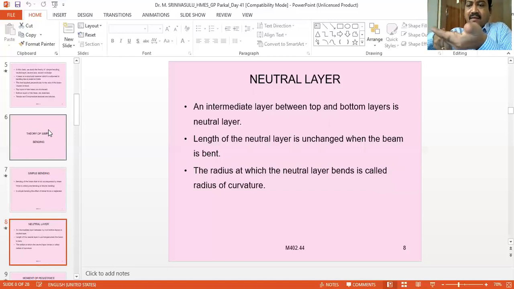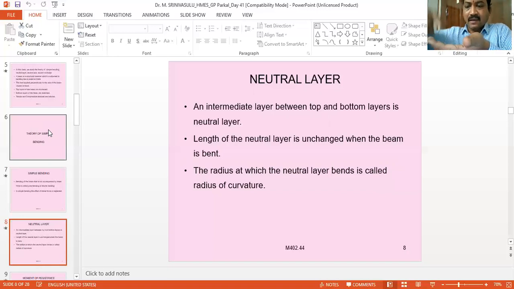That means the top layers are shortened, the length of the top layers is decreased, whereas the length of the bottommost layers is increased.